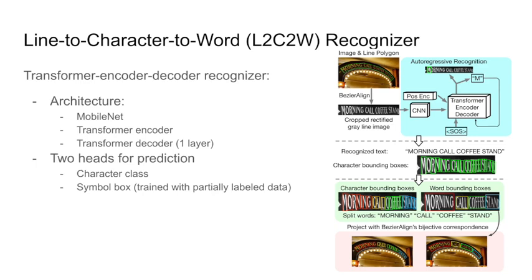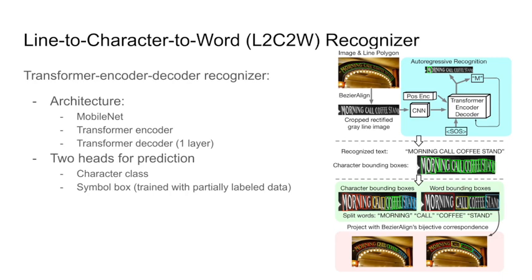The transformer decoder, however, has two different prediction heads. One is for the character class, and the other is for the symbol box. Note that the symbol box part is only trained with partially labeled data, which essentially is synthetic data.